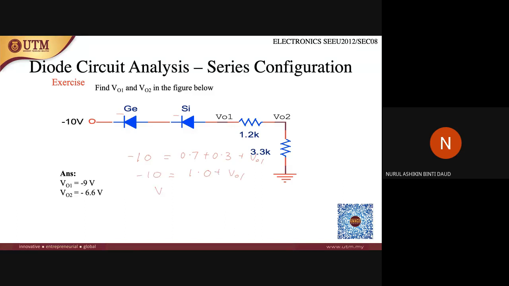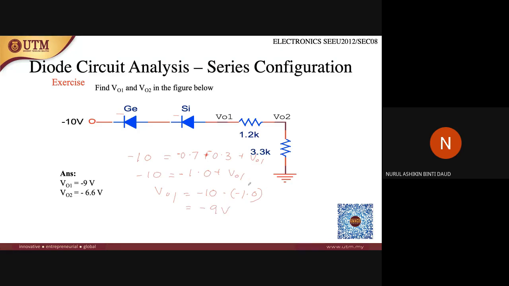So you will get VO1 is minus 10. Oh, sorry, I forgot to put minus here, because it is minus. So minus 10 plus 1.0, it will be minus 9 volts.